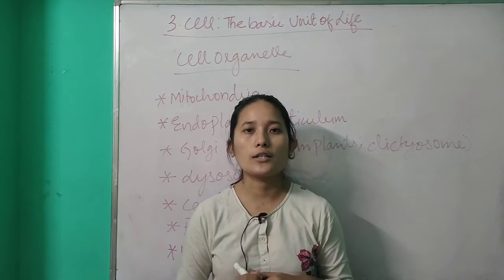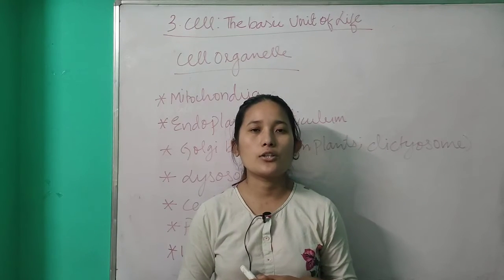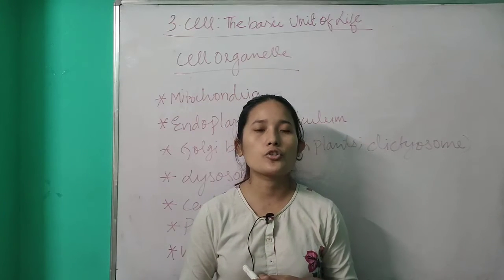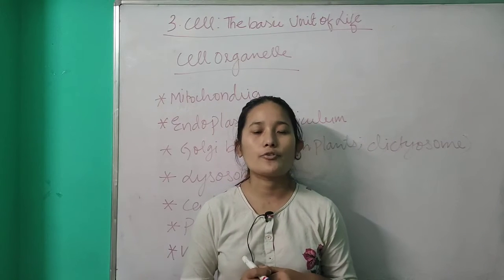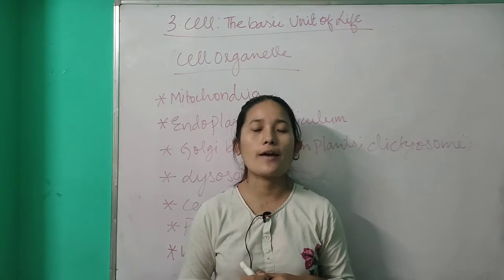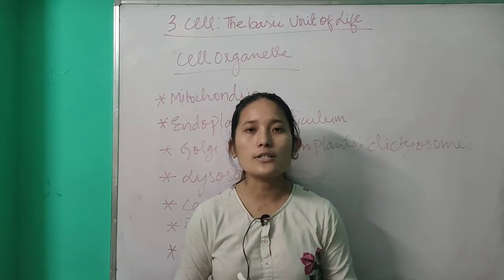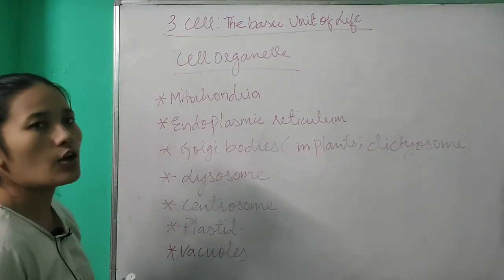For example, your heart pumps blood, your lungs help in respiration, and you have the brain which controls all other activities in your body. Similarly, cells also have small organ-like structures which have certain functions to perform. Those are referred to as your cell organelles. So we will be discussing the different types of cell organelles.